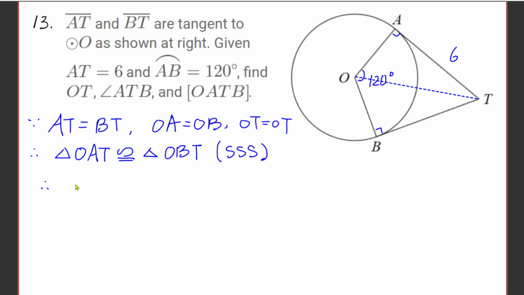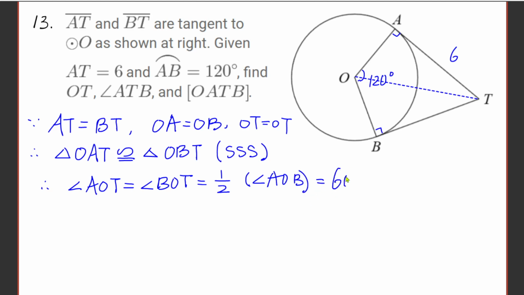Therefore, we have angle AOT equals angle BOT, which equals a half of angle AOB. And that gives us 60 degrees, right? So both of our right triangles are 30, 60, 90 triangles.